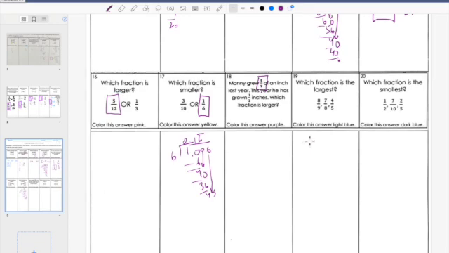So I'm going to divide. 8 divided by 9 is 0.8 repeating. 7 divided by 8 is 0.875. And 4 divided by 5 is 0.8. So this one's a little bit bigger.